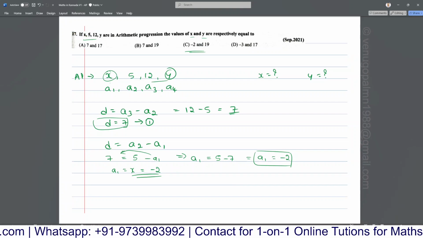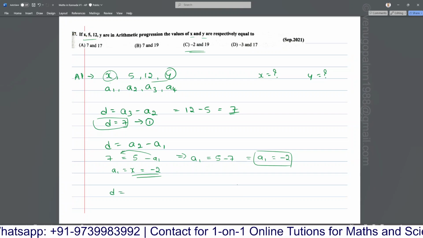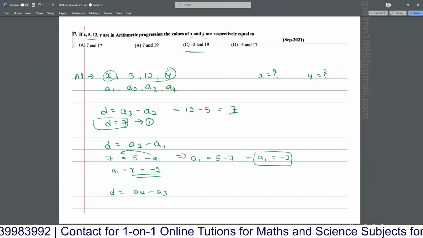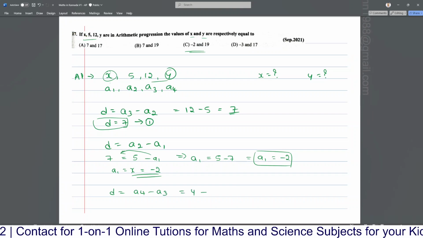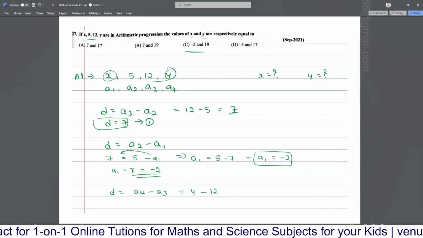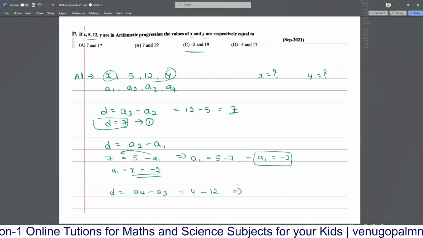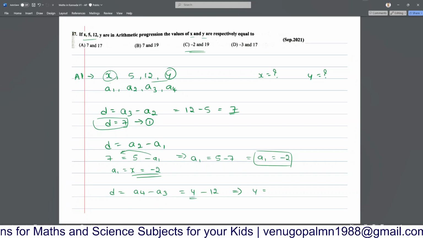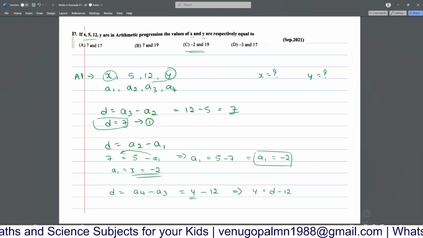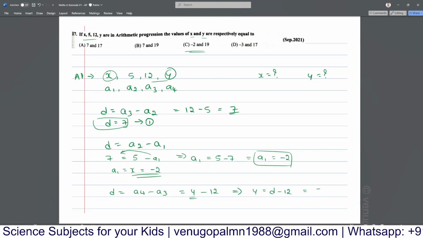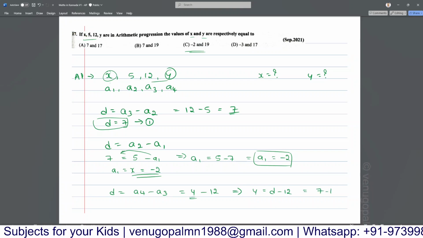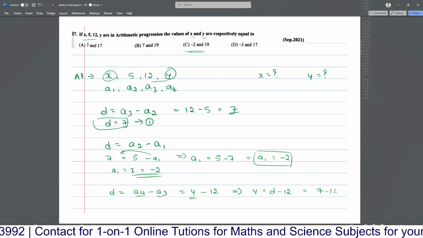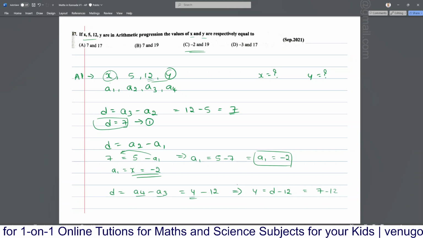So now, again take the difference formula: a4 minus a3. a4 is y, and a3 is 12.